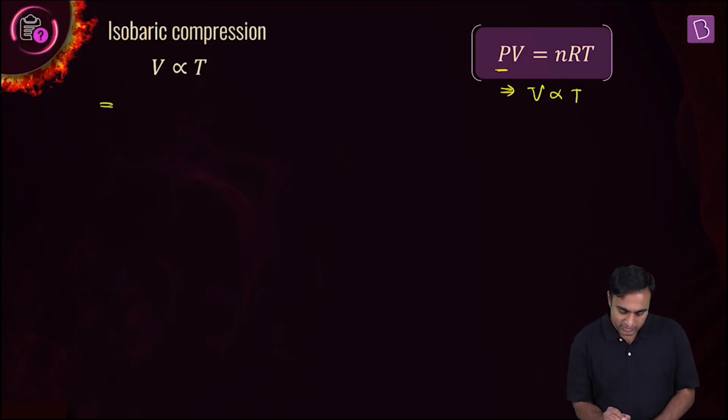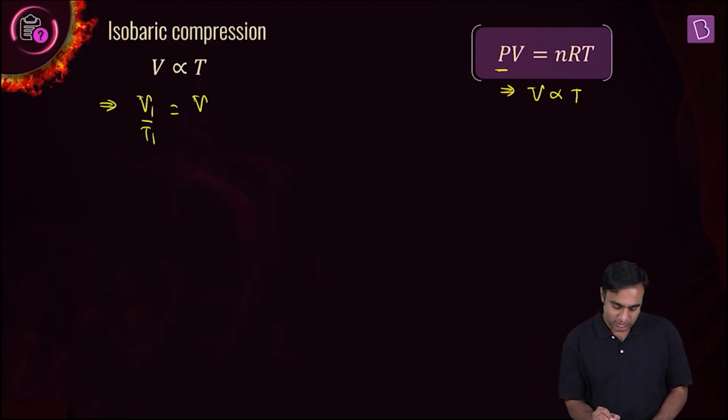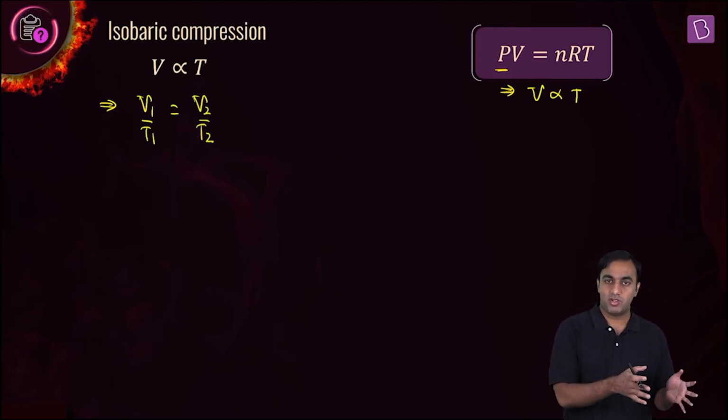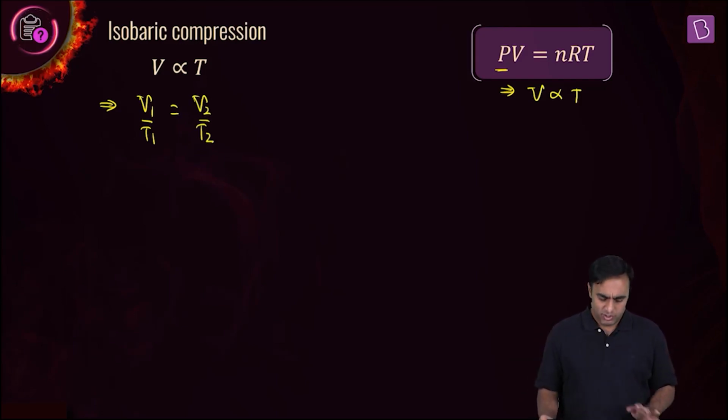So if you write V1 by T1, the ratio of initial volume to the initial temperature of the gas, it must be equal to V2 by T2, the ratio of the final volume of the gas to the final temperature of the gas. We know everything here except T2, the final temperature of the gas.